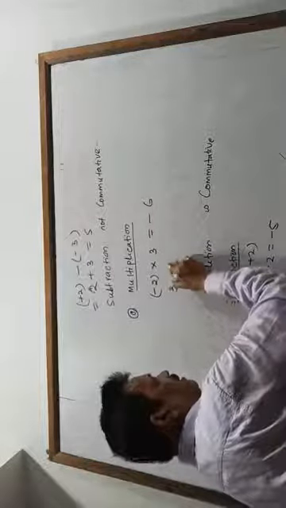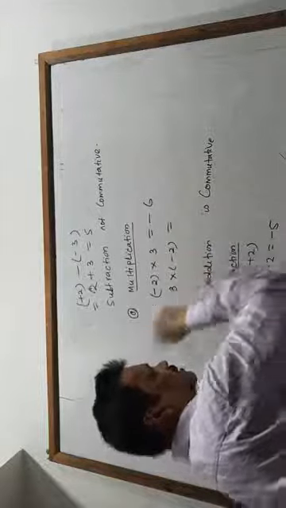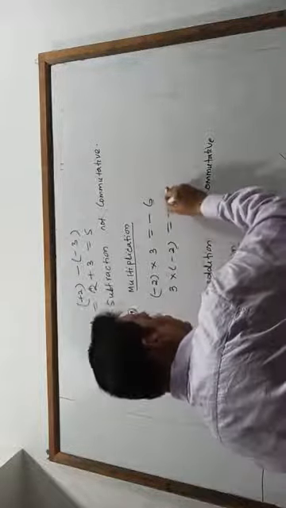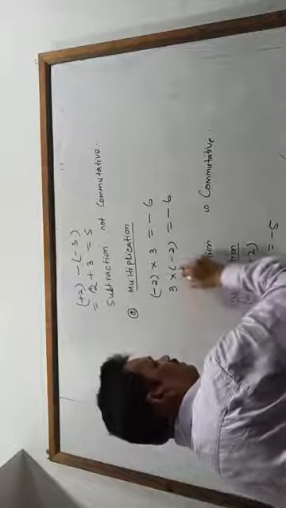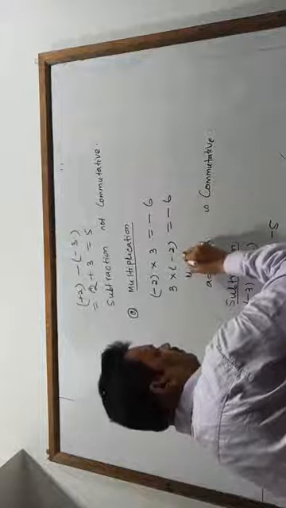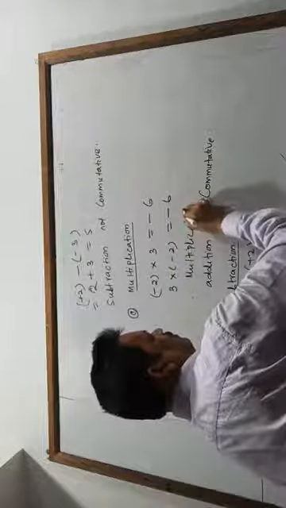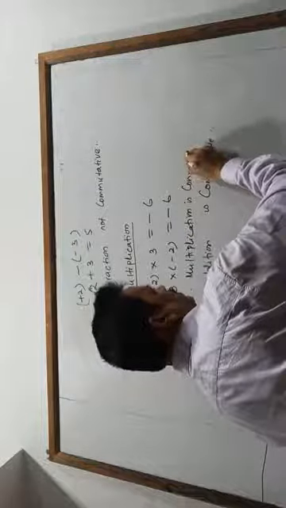Then 3 into minus 2, same thing. It is minus 6, equal. So multiplication is commutative.